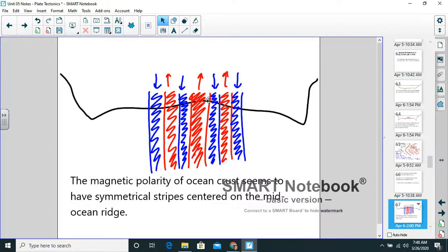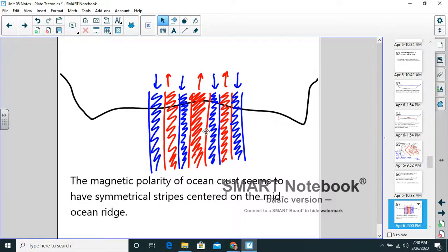But if you go out to either side of that ridge, you'll find a stretch of the seafloor where the crystals all point the other direction. It's like north is south and south is north. And if you go further away from the ridge, they're back to pointing the normal direction. And if you go still further away, they're pointing to the other direction. There seems to be symmetrical stripes on either side of the ridge of alternating magnetic fields.